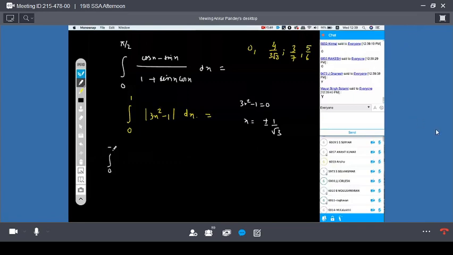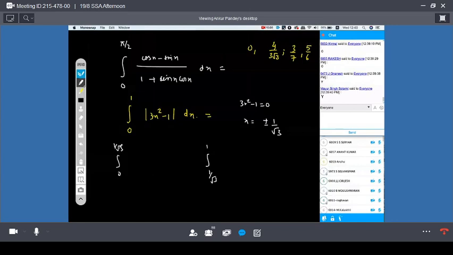So from minus 1 by root 3 to 0, okay. Sorry, from 0 to 1 by root 3 and then 1 by root 3 to 1. Clear?